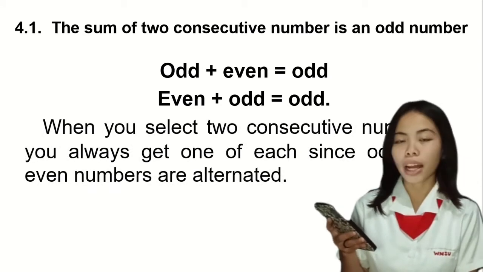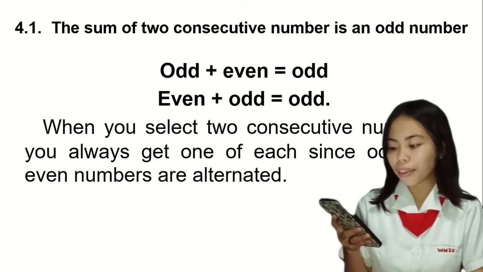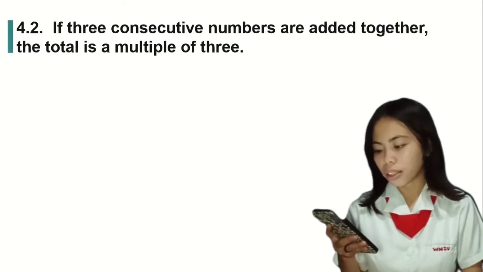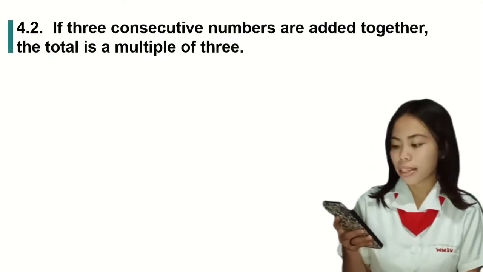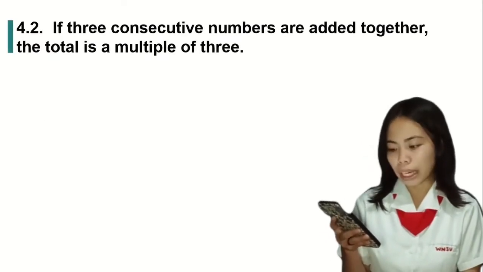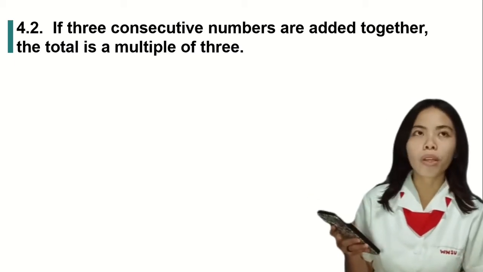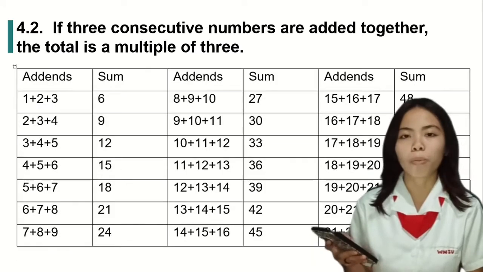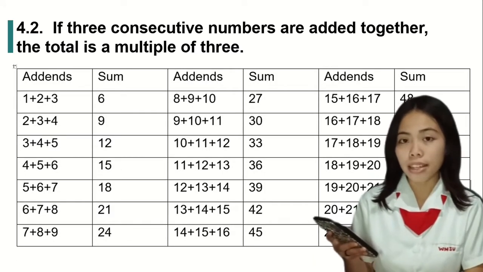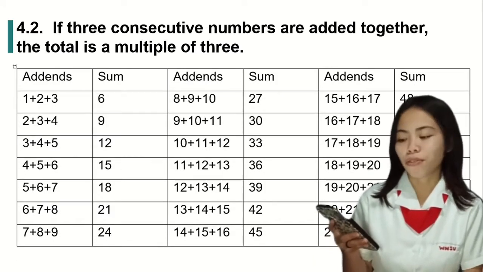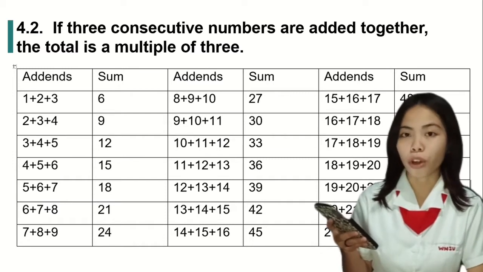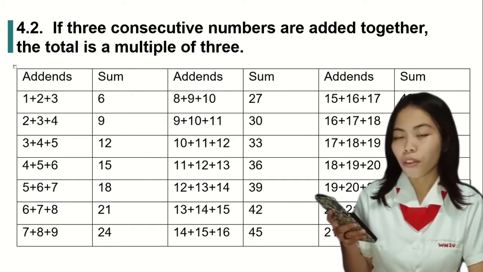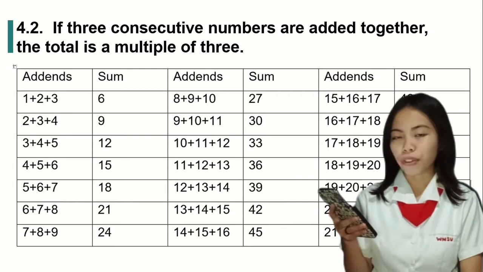For our analysis 4.2, if three consecutive numbers are added together, the total is a multiple of 3. When you add three consecutive numbers, for example 1 plus 2 plus 3 equals 6, 2 plus 3 plus 4 equals 9, 3 plus 4 plus 5 equals 12, 4 plus 5 plus 6 equals 15.